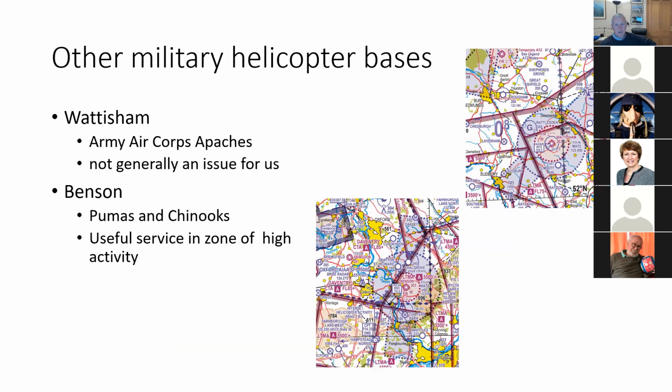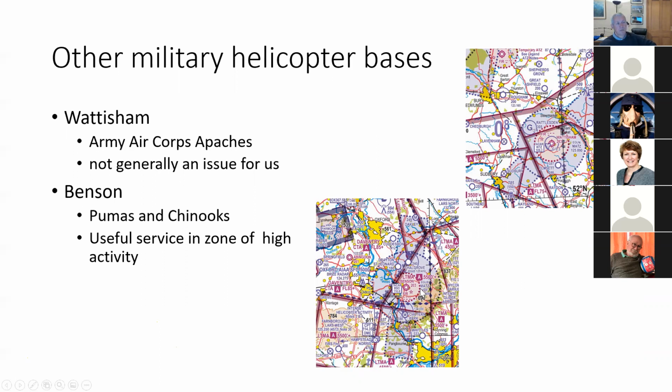Wattisham and Benson, we go through there quite a lot. They're both helicopter bases, so they don't have stuff that really gets in our way. They're generally a lot lower than us. Wattisham is Army Air Corps Apaches. Again, at the weekend, you've got a gliding club, so quite friendly.